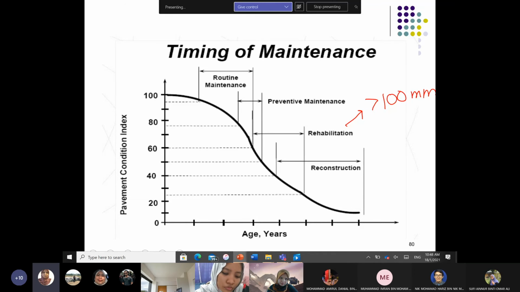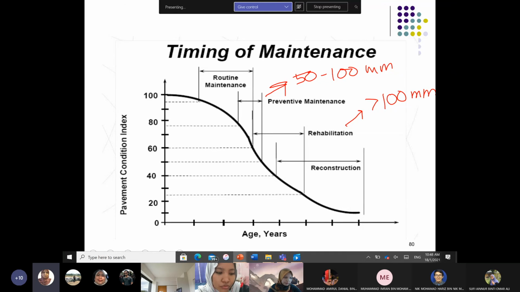Kalau kita masih lagi tengok kepada maintenance, routine maintenance or preventive maintenance dia boleh pergi 50 hingga 100 mm lah. Alright, kalau routine maintenance it would be less than 50 mm. Dia punya treatment proses dia lah, prosedur dia.